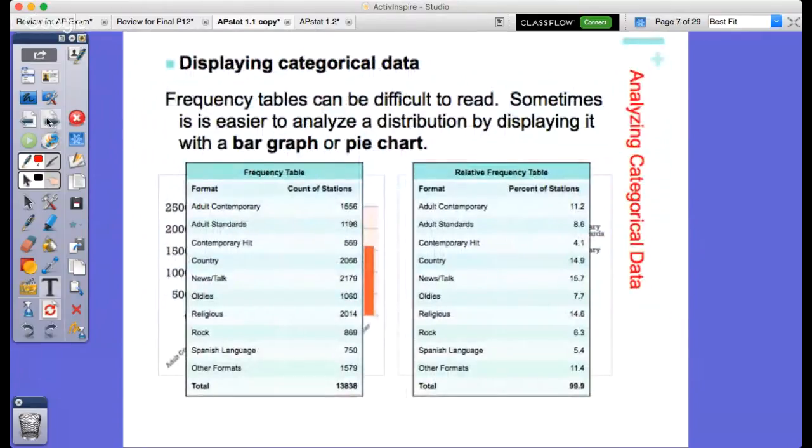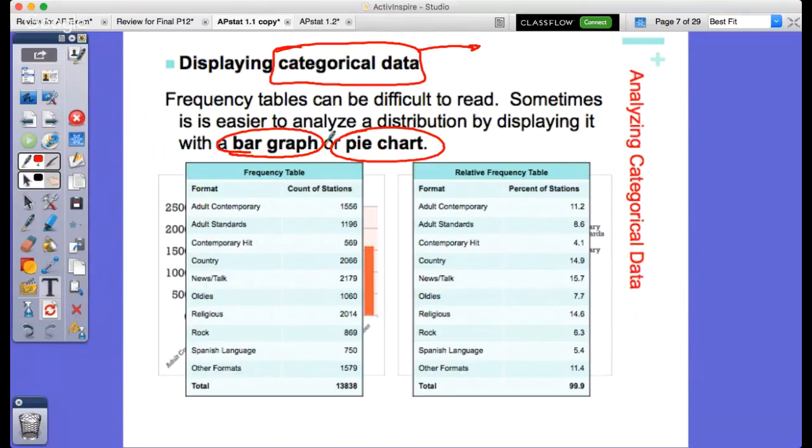Now, in displaying categorical data, we can display it two different ways. This is very important. Remember, categorical means that it's split into categories or groups. Within categorical, we can represent the data with a bar graph or a pie chart, okay?